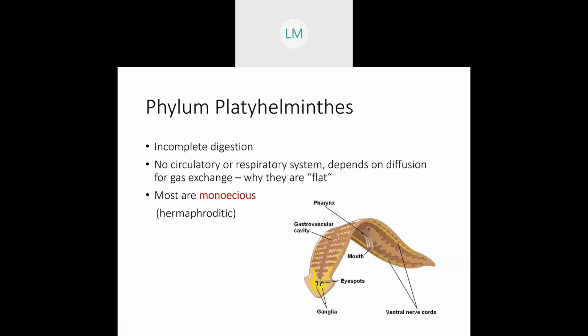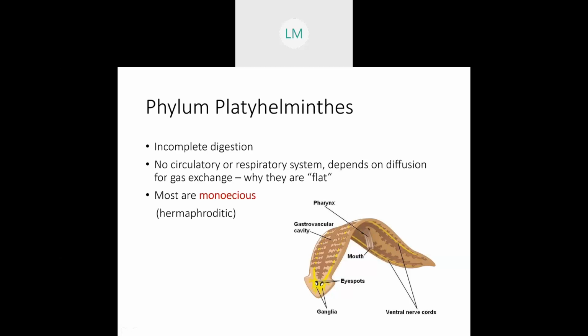It's all depending on diffusion or gas exchange. So that's why they're flat, right? If we were bigger and not as flat, it would be really hard to diffuse in all of the gases that we need, like oxygen, right? So if we're flat, it makes this gas exchange a little bit easier.